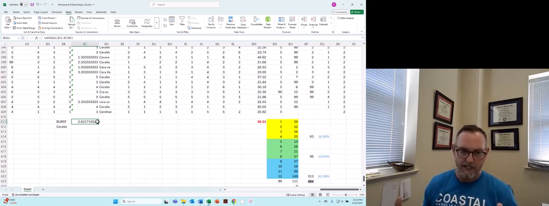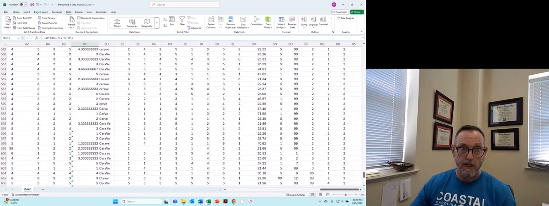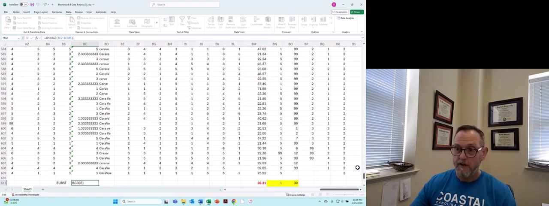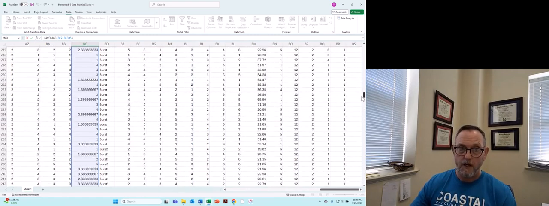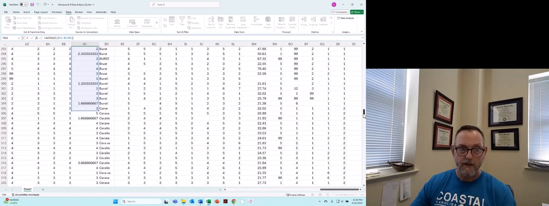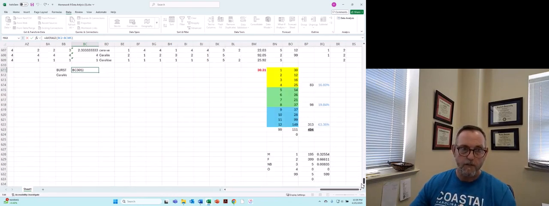This is on a 1 to 5 scale. So that's 2.62, the purchase intention to buy Burst. We can make sure that we've got our column captured correctly. I actually need to go to 304, it looks like, not 305, which is fine. We'll adapt this to 304.